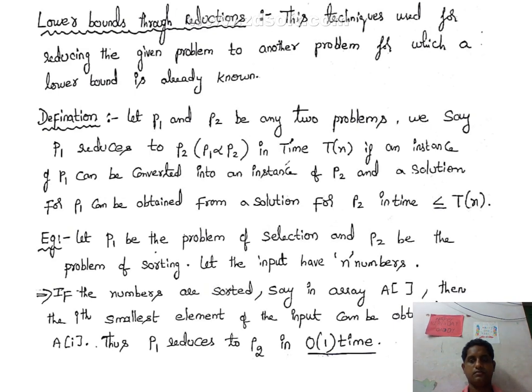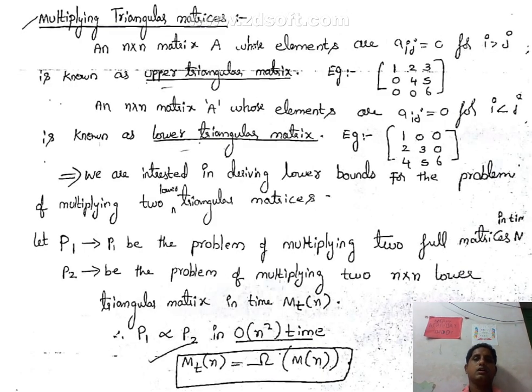Next, multiply triangular matrices. An n by n matrix A, whose elements Aij equal 0 for i greater than j, is known as an upper triangular matrix, for example 1, 2, 3, 0, 4, 5, 0, 0, 6.